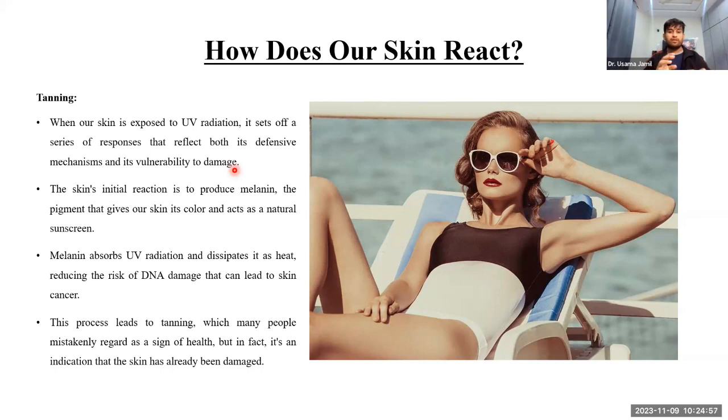The other effect of UV exposure is that the skin gets damaged and starts reacting to it. If damage is caused by UVB radiation, our skin flares, gets red, or shows signs of instant damage.